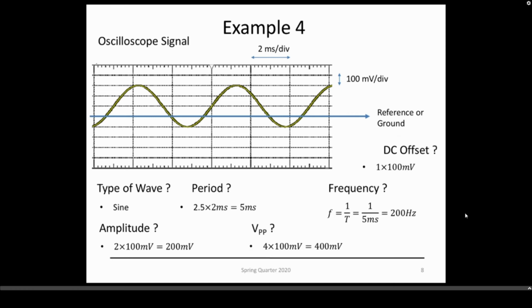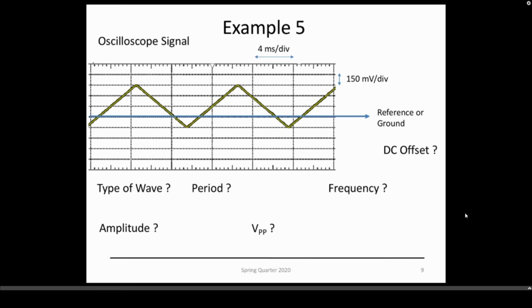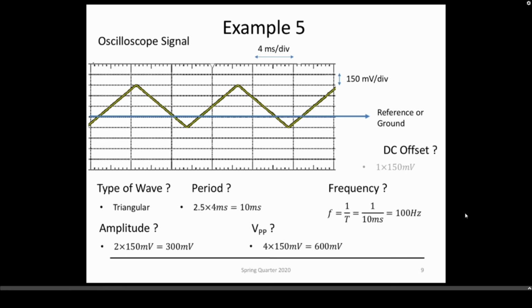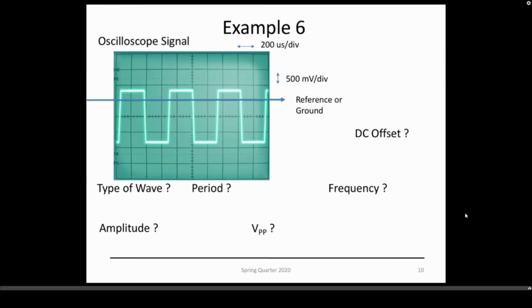The mid part of my wave is around here, and I go the distance to the reference point, just 1 division, so I get 100 millivolts positive because the wave is shifting up. In this case you have a triangle wave, same thing applies here. Positive offset.